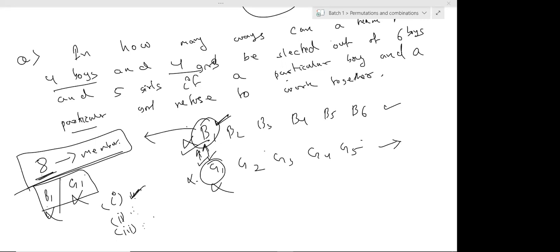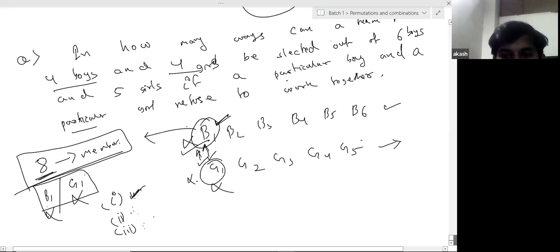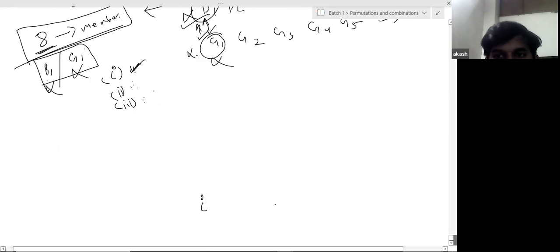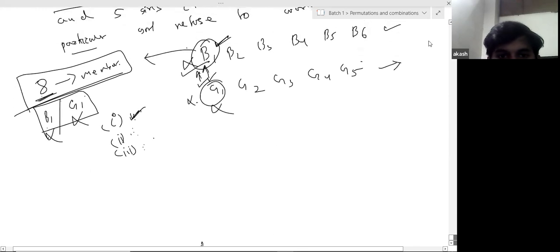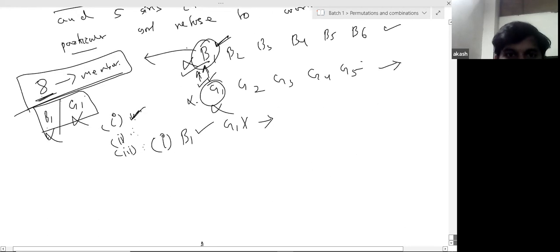Okay, so how to solve this? In the first case, I'm assuming B1 is there, but G1 is not there.